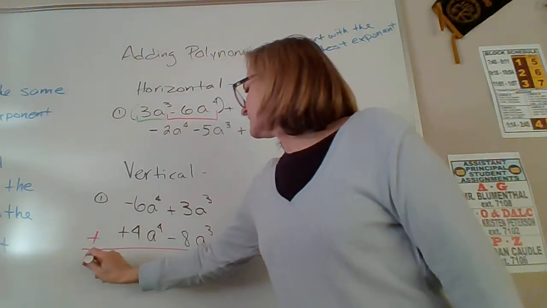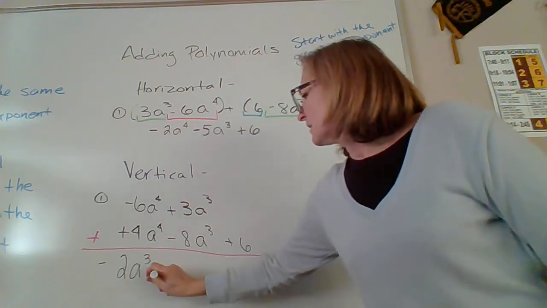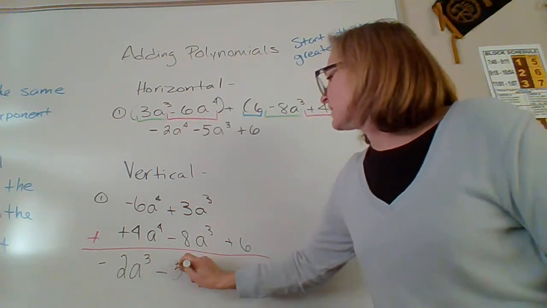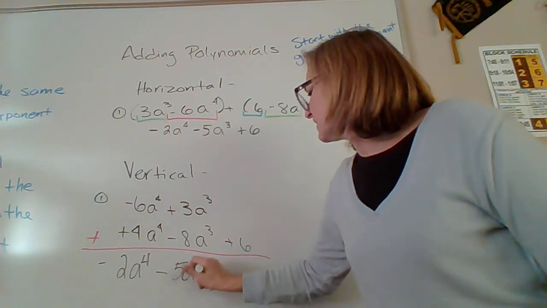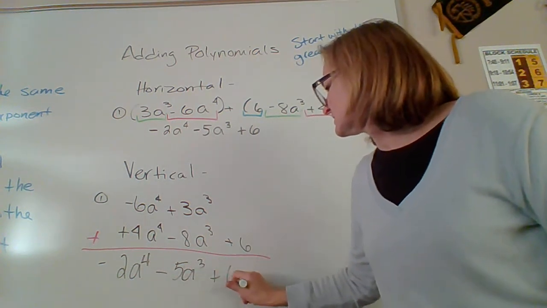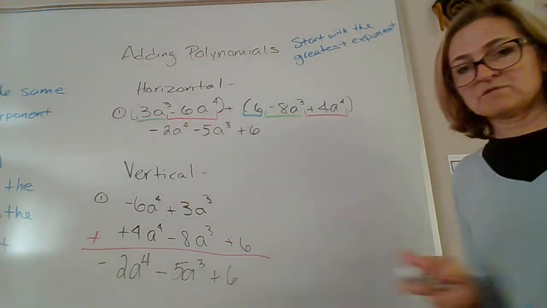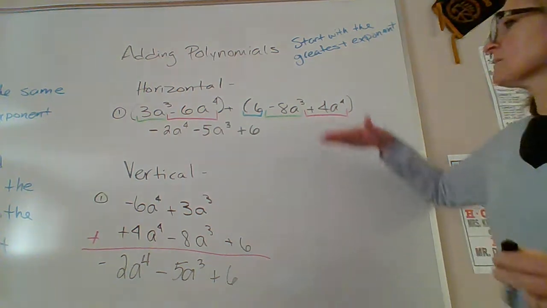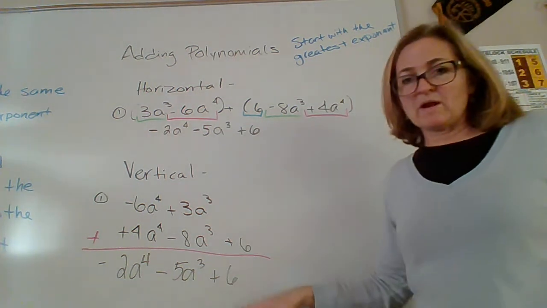So this gives us a negative 2a to the third and a negative a to the fourth, and a negative 5a to the third plus 6. Regardless of which method you choose, you end up with the same answer. The horizontal method is going to save us a whole lot of time because the vertical method requires us to rewrite and rearrange.